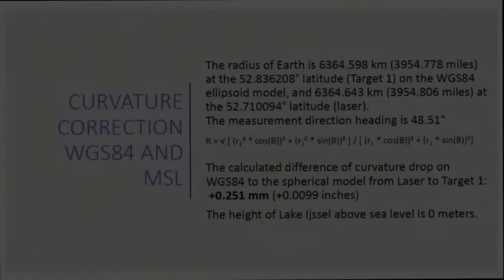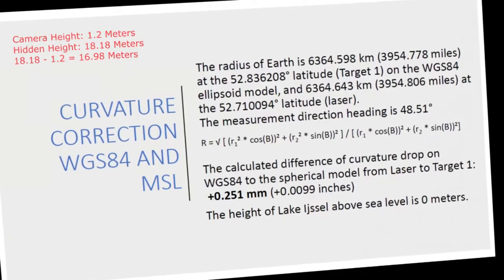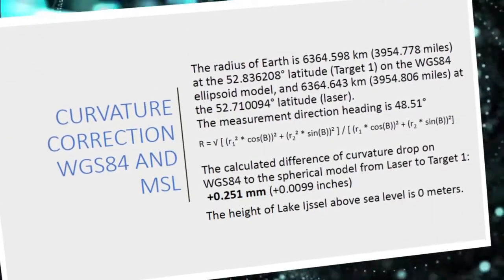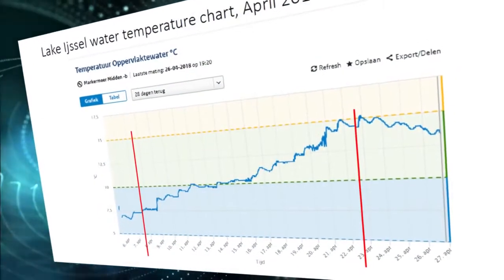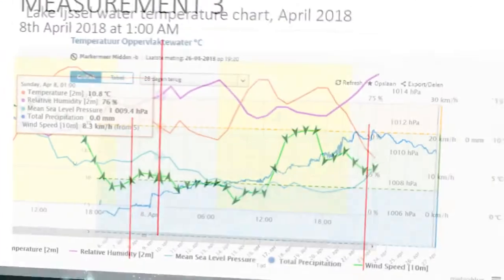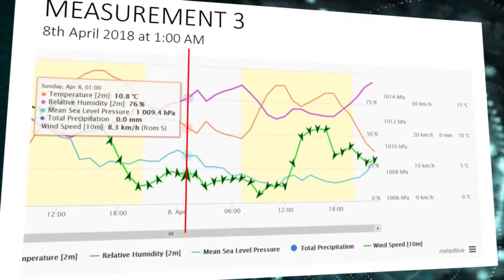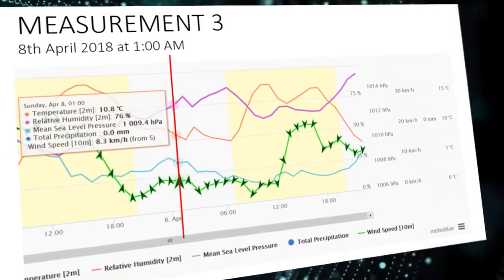The WGS-84 geoid model differed by 16.98 meters in this measurement, which meant 93% of the target hidden height was visible. The lake temperature was 7.6 degrees Celsius or 45.7 degrees Fahrenheit, and the air temperature was 10.8 degrees Celsius or 46.4 degrees Fahrenheit above the lake.